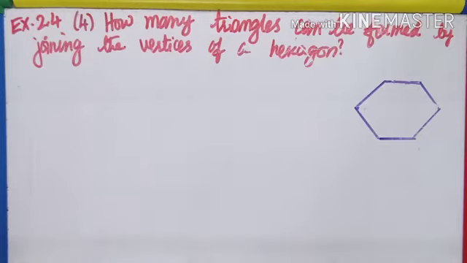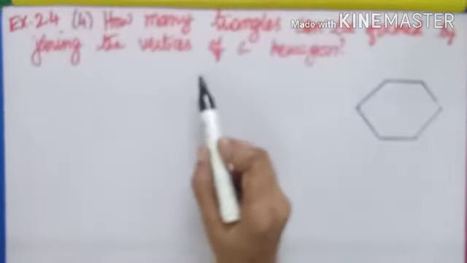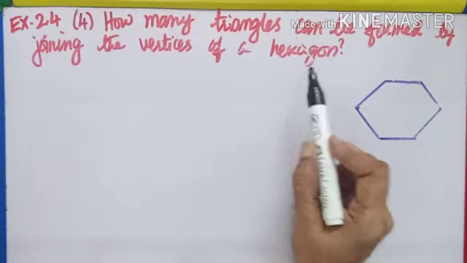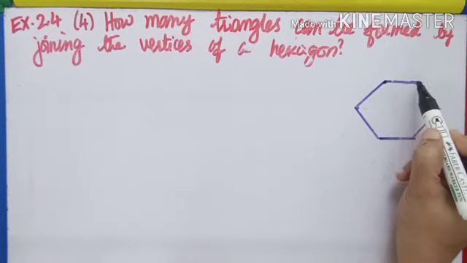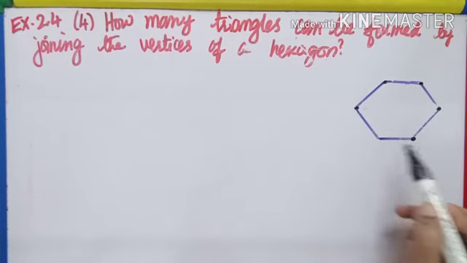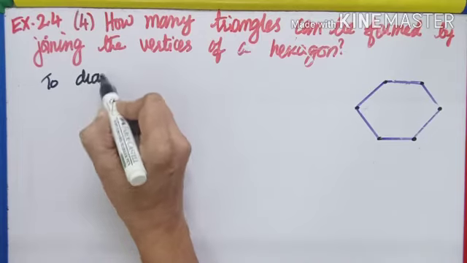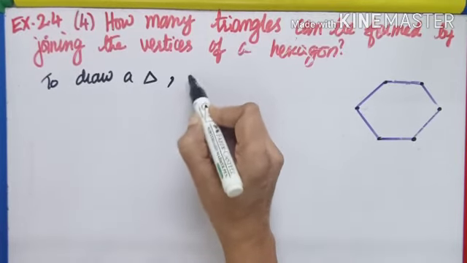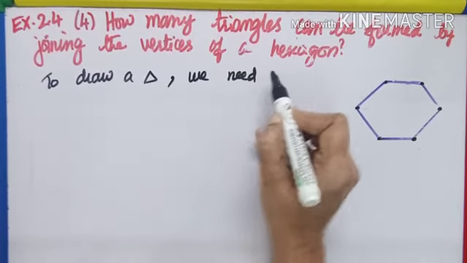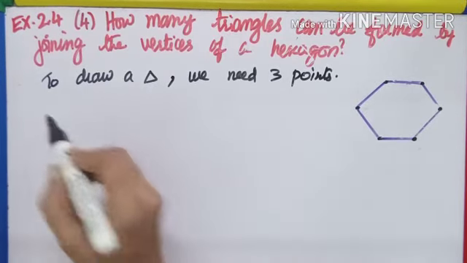Fourth question. How many triangles can be formed by joining the vertices of a hexagon? A hexagon will have 6 points or 6 vertices, we say. To draw a triangle, we actually need 3 points. So how many points are there? 6 points, but I need only 3 points.